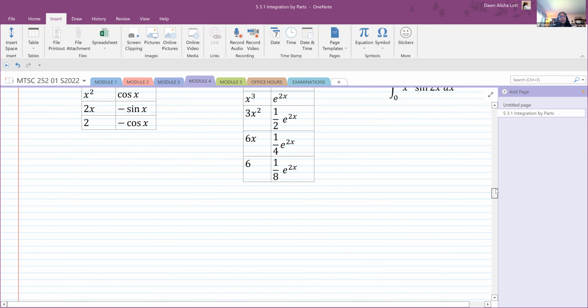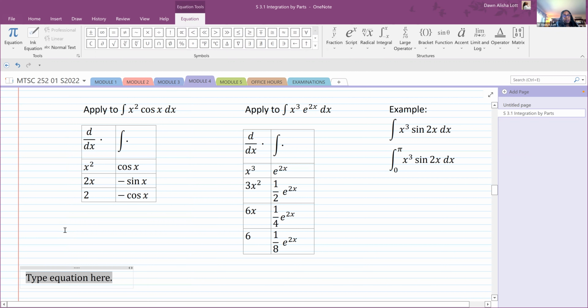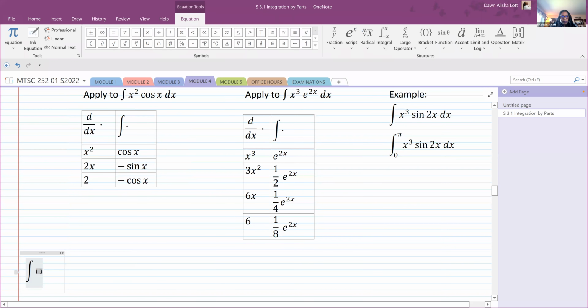All right, so the way it works, we're going to do the integral of x squared cosine x. So we're going to do that one first. So I have the integral of x squared cosine x. And what you do is on the left-hand side, you start off with u. So u always goes on this side.